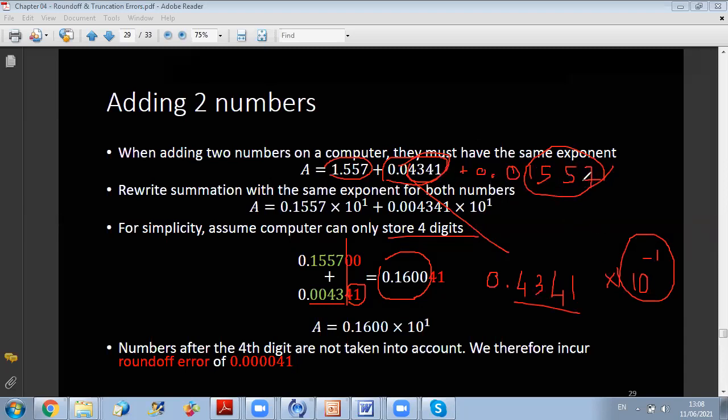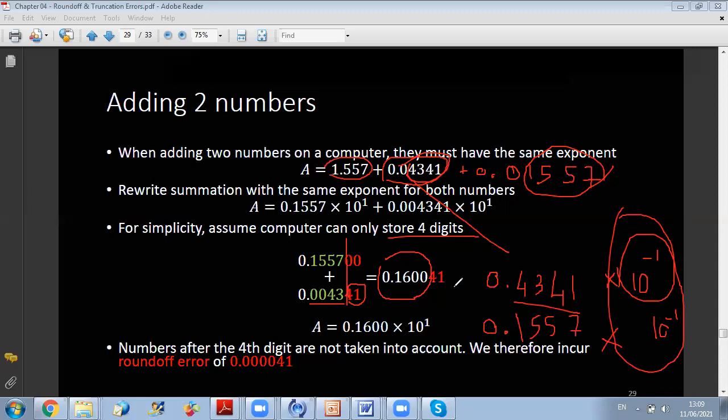So I can also write this number as 0.1557 times 10 to the power minus 1. I don't care about the exponent here; I can have 10 to the power minus 1, 2, 3, 4, whatever. This can be easily identified by the computer.